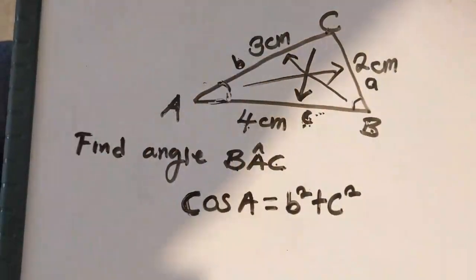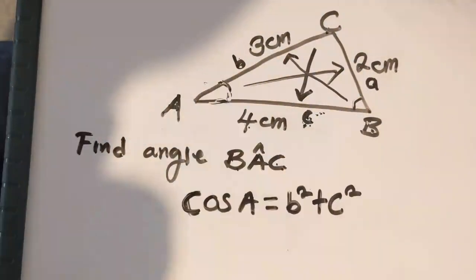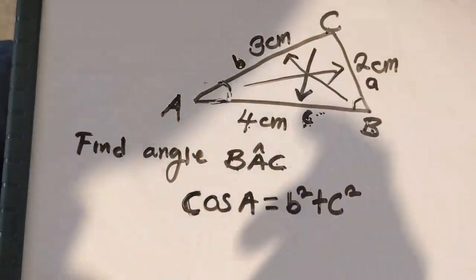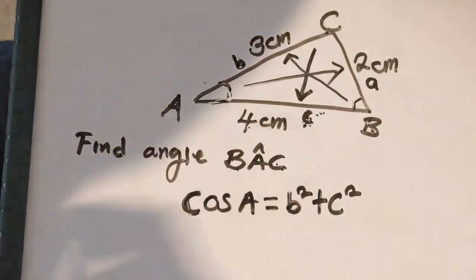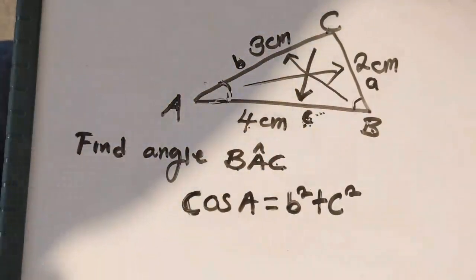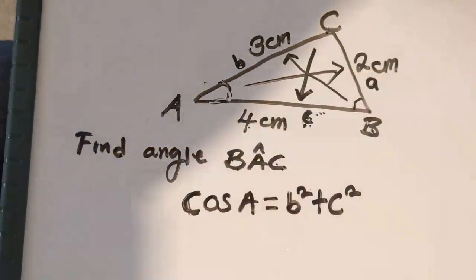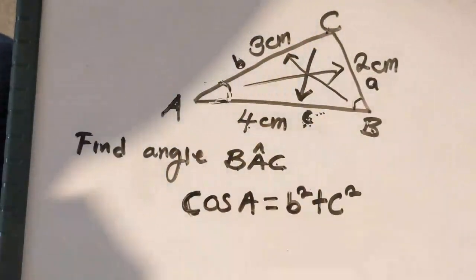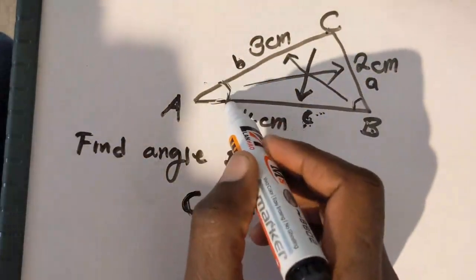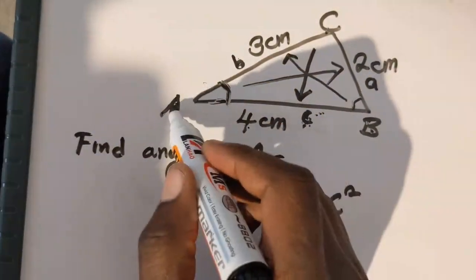Then what you need to do is subtract the side that is opposite to the angle that you are finding. So this is the angle that we are finding. This is it.